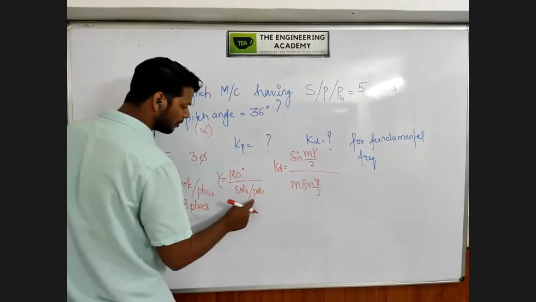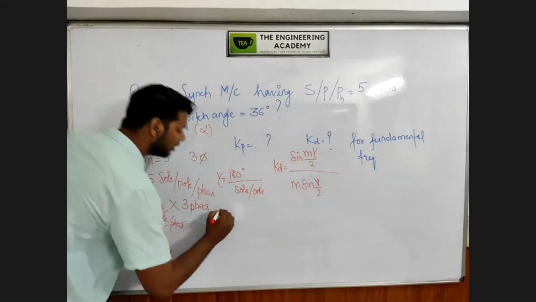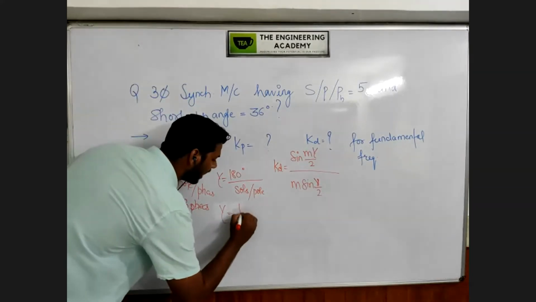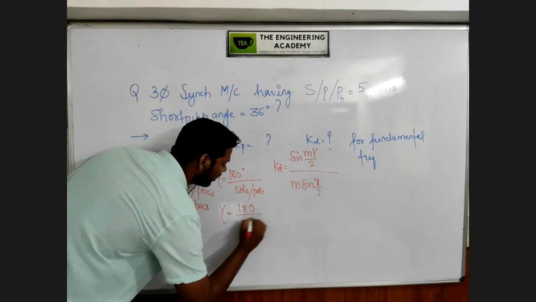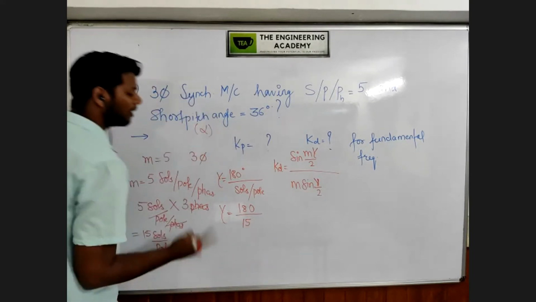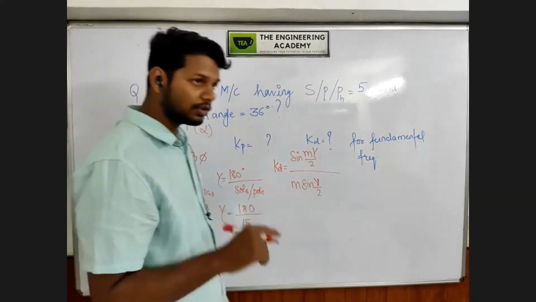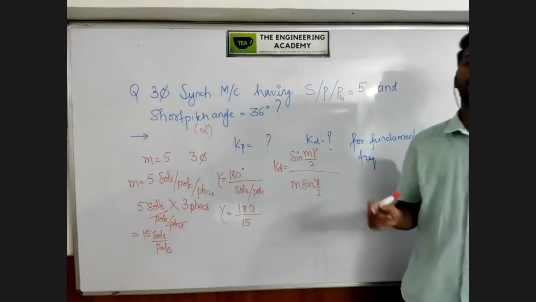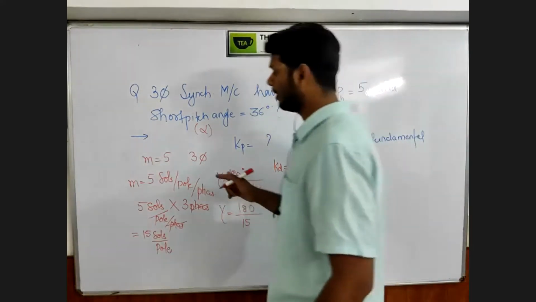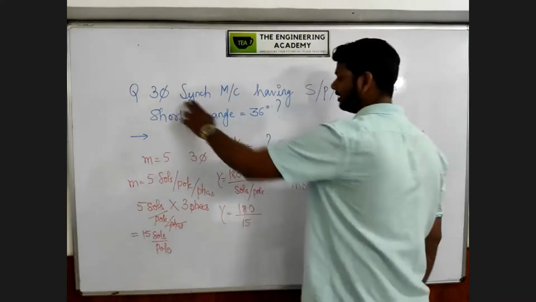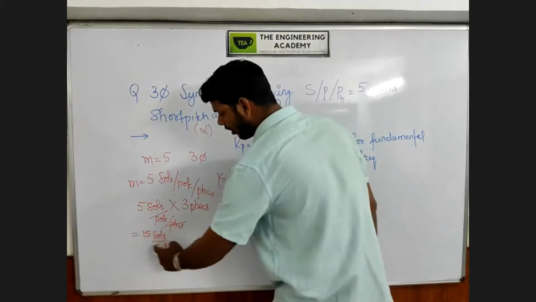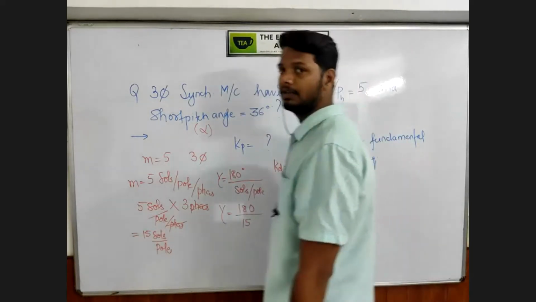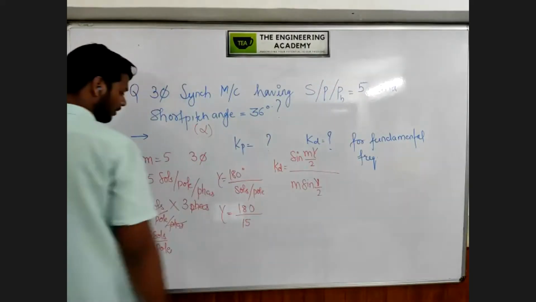So instead of slots per pole, I can write 15. There are total 5 slots per pole per phase, but after multiplying with 3 phases, we will get 15 slots per pole.